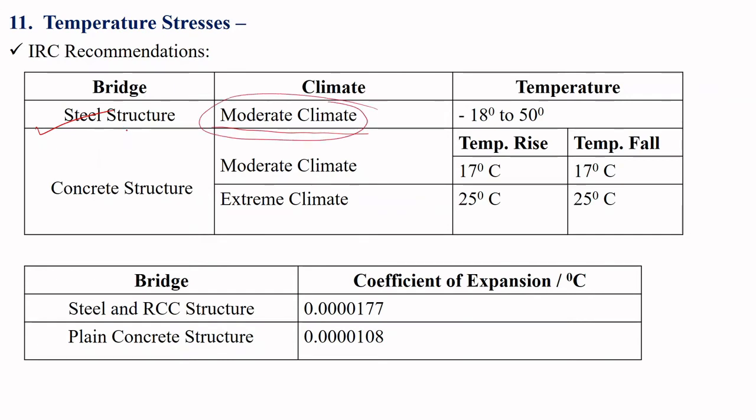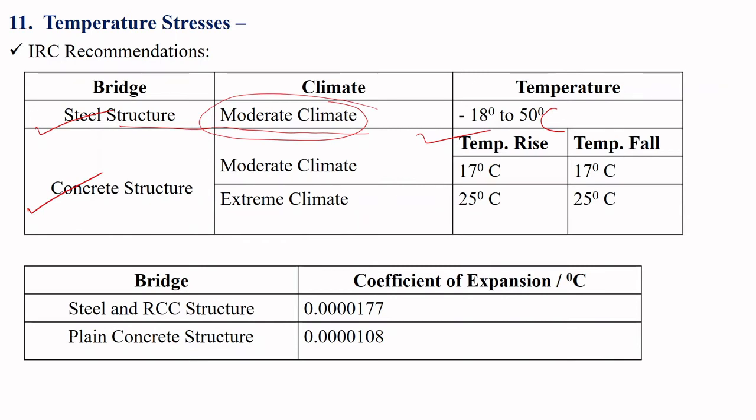The temperature lies between minus 18 degree to 50 degree centigrade. Here I forgot to write the centigrade. So minus 18 degree to 50 degree centigrade will be the temperature for the moderate climate in case of the steel structure.